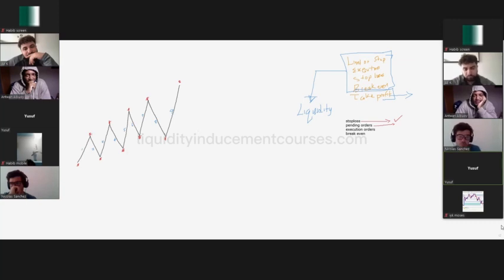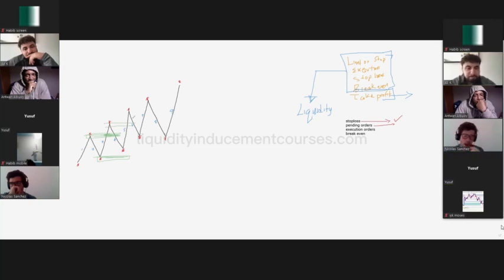You find breakout traders having their buy stop here, and if they want to see it going down, their sell stop here. And then you have reversal traders having their buy limits here and putting their stop loss here. So at the end of the day, where are the orders still being placed? It's still within these highs and these lows, which is still the same level as that of the stop losses.